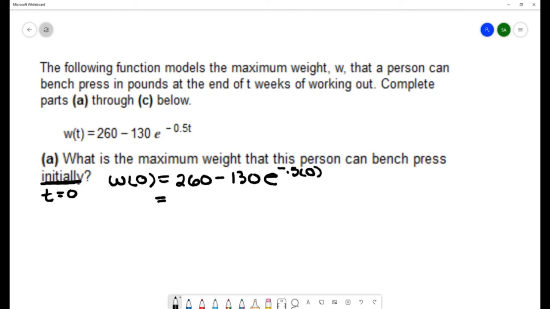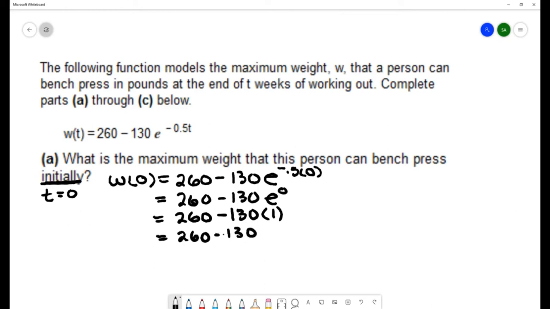If we simplify, that gives 260 minus 130 e to the 0, since negative 0.5 times 0 is 0, and e to the 0 power is 1. So this gives 260 minus 130, which is 130.